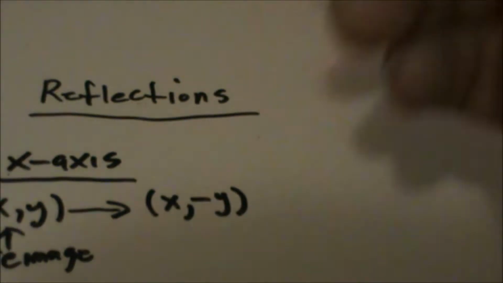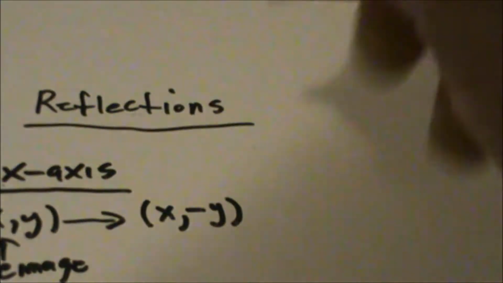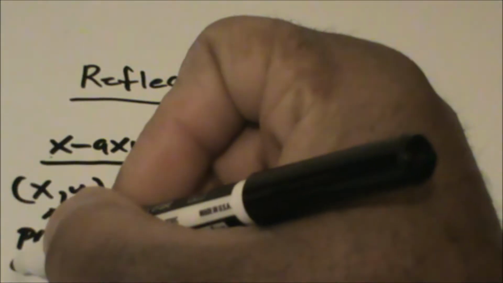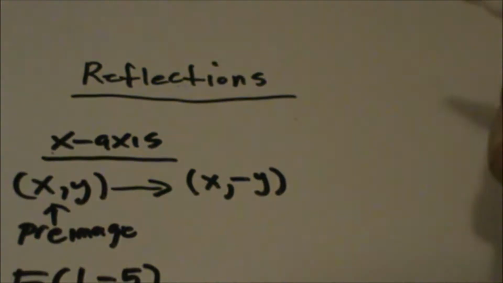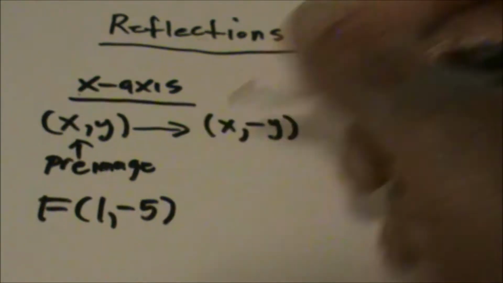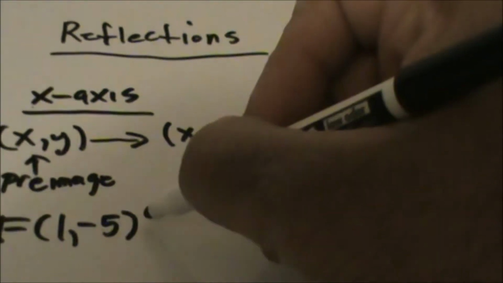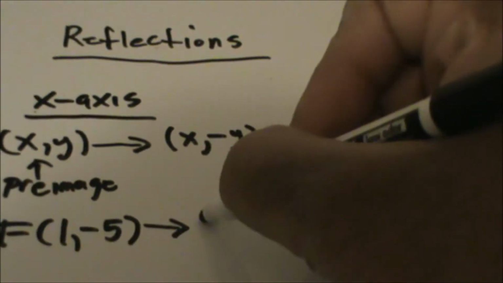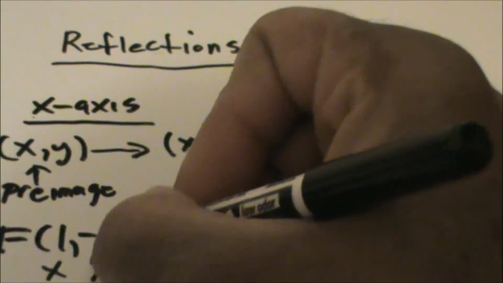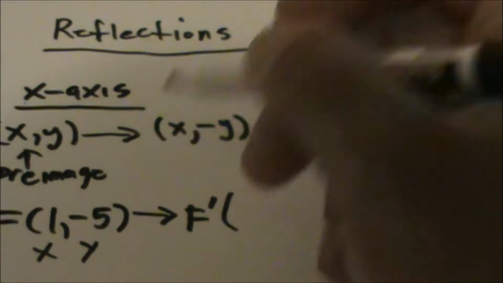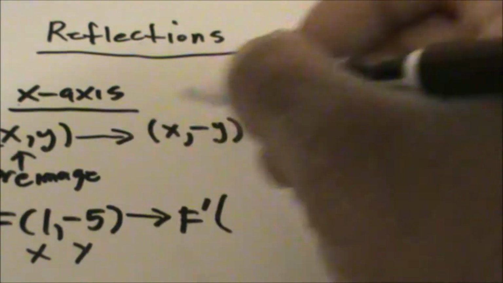Alright, here's an example. I'm going to use the same points throughout this whole process. So we have points F and 1, -5. Now this represents the pre-image. You can all see. So if I do the reflection, this will be F prime. Now notice this is existing x and this is existing y. Now in its reflection, what changes?